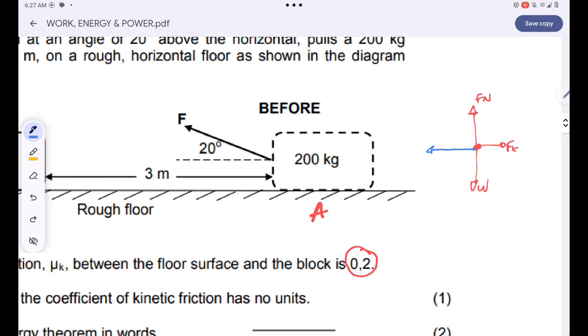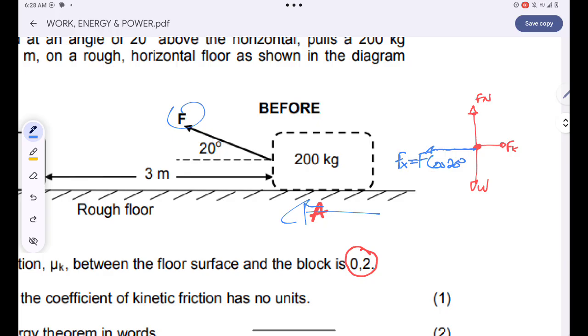Why? Because the block is not moving at an angle, it's moving horizontally, and this force is pulling it towards the left. So the horizontal component should be at the left. For the horizontal component, you're going to call it Fx, and that Fx will be equal to the magnitude of the force F multiplied by cos of 20 degrees.